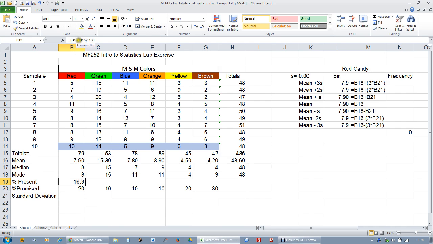Before I drag that over, I want to make sure that the H15 stays selected and doesn't change, and you put dollar signs in front of the H and in front of the 15, so when you drag a formula it stays H15. To easily do that, just highlight H15 and hit F4 if you're using a PC.